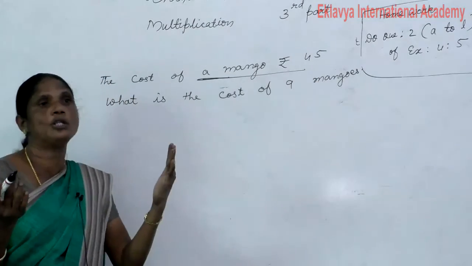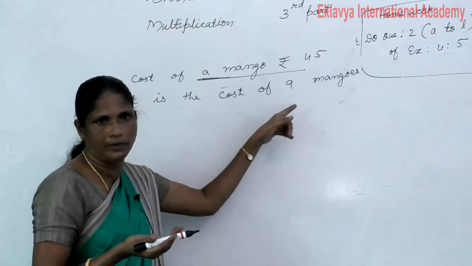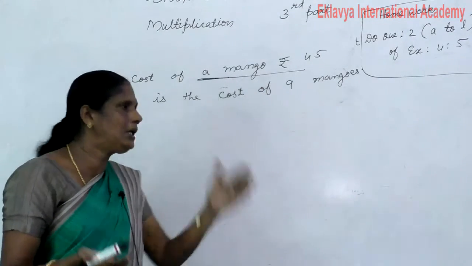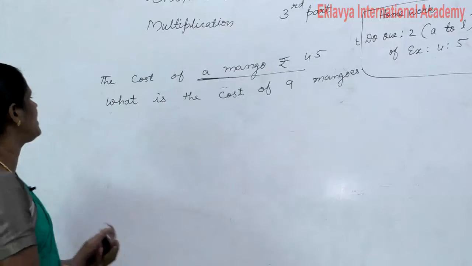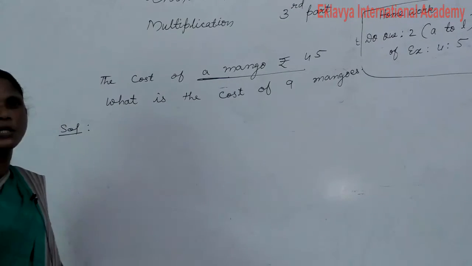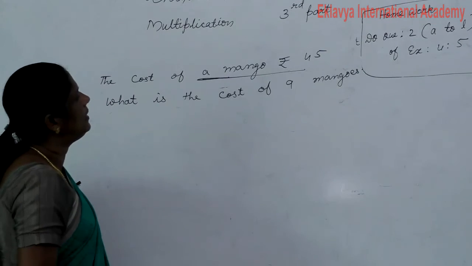One given, many find. This is multiplication. Okay. What is the statement and solution? What is the solution first line? Read the question and say the statement.